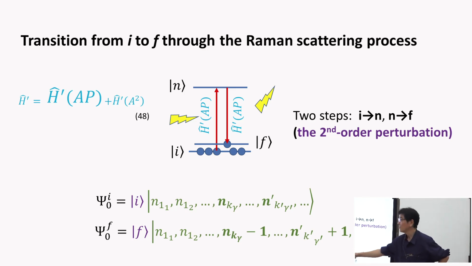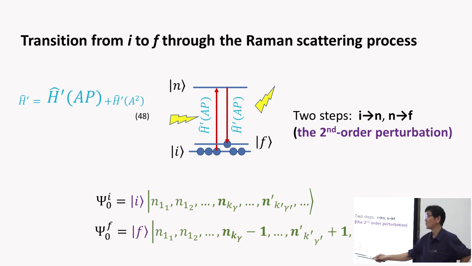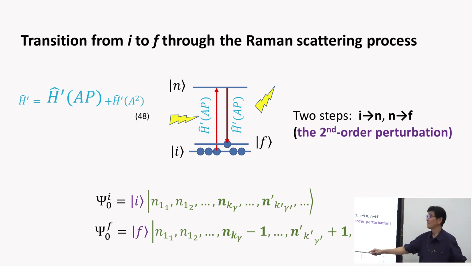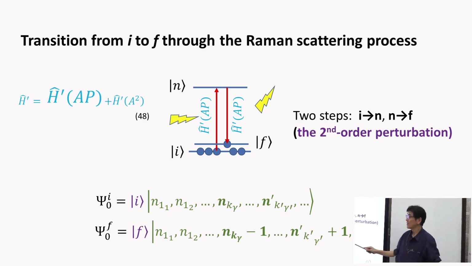Initial state: the wave function is expressed as a product of the wave function indicating that of the molecule I and the status of the radiation by listing the number of photons. And the final state is here.